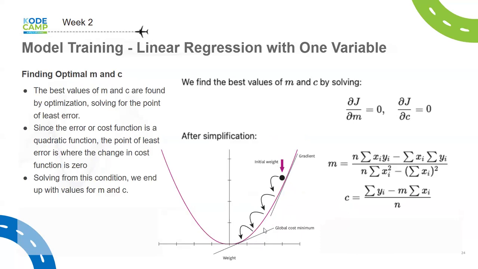For a large number of parameters, we have something we call gradient descent. Gradient descent is what we use to find the point of minimum loss or minimum cost. This is an optimization process.